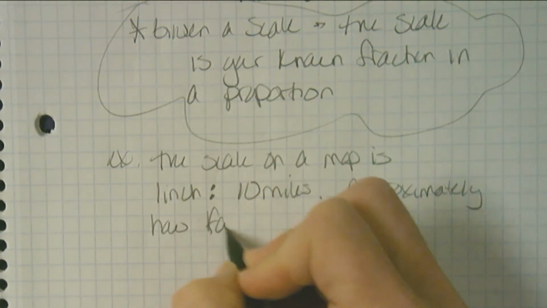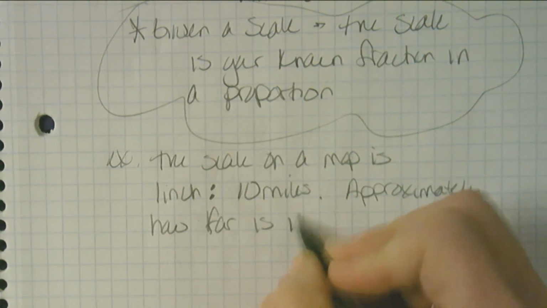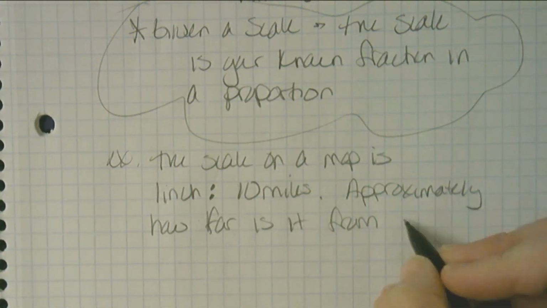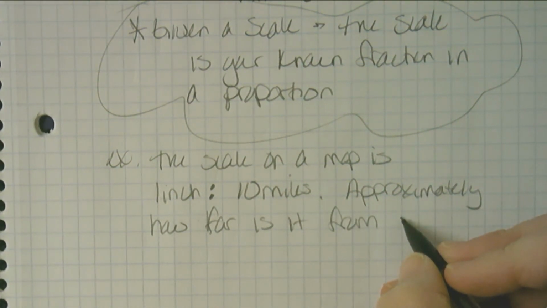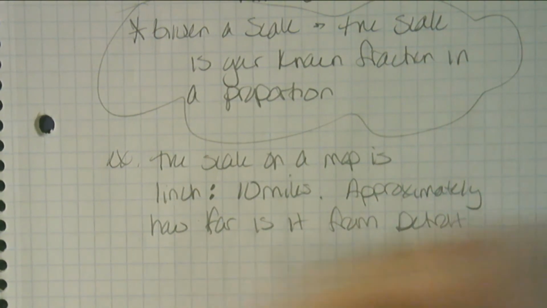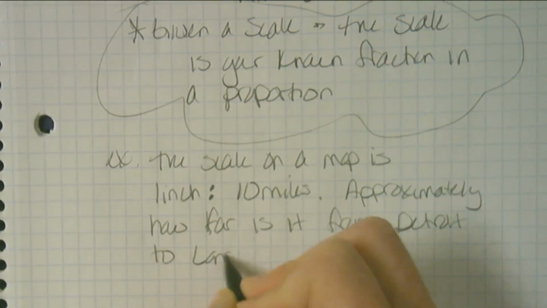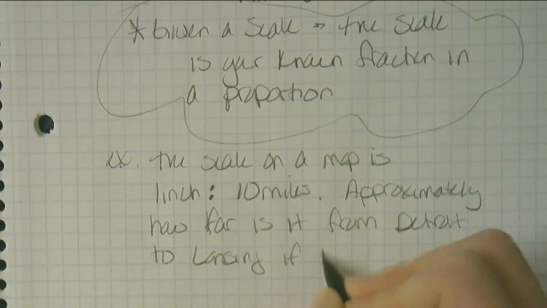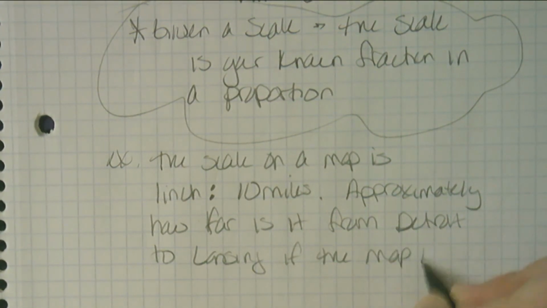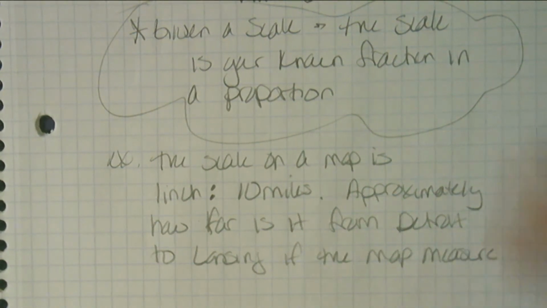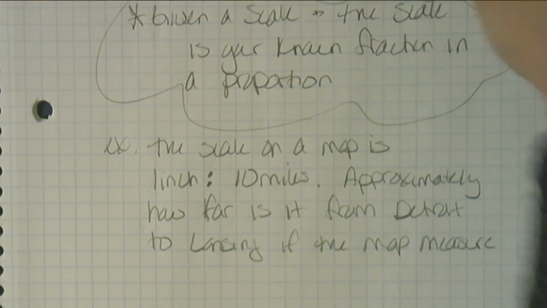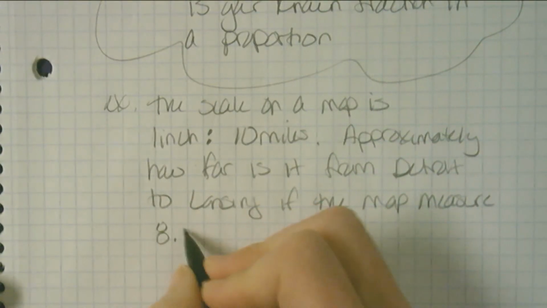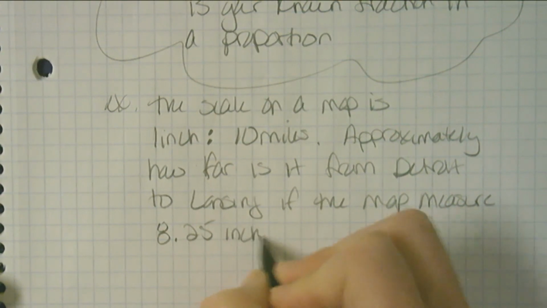How far is it from Detroit to Lansing if the map measures 8.25 inches?